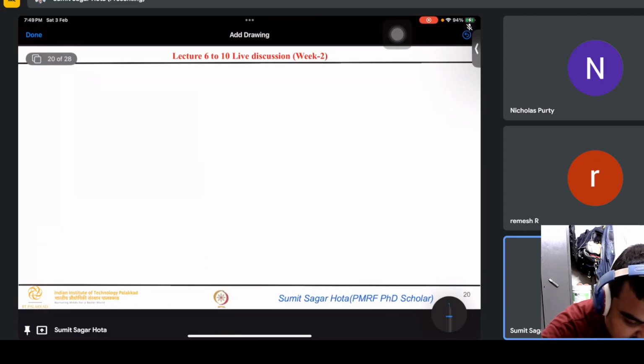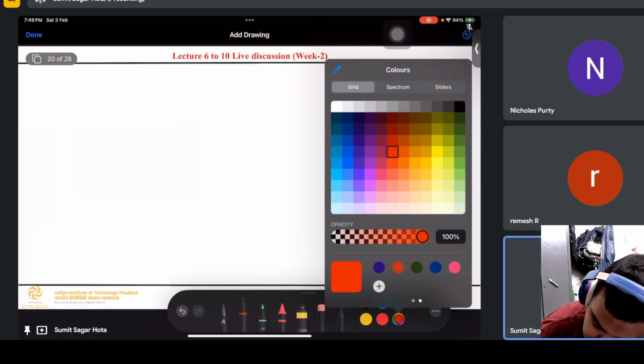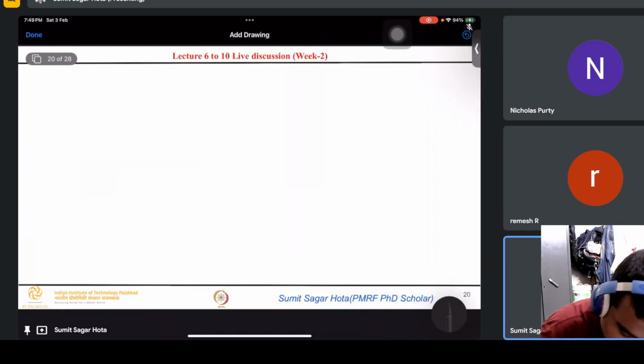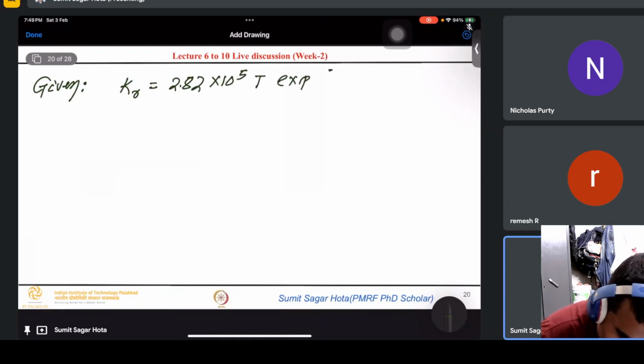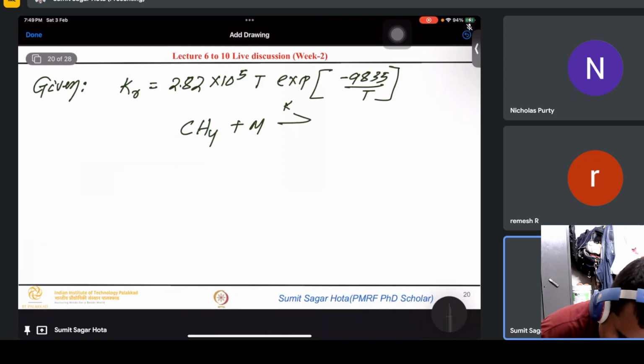But some of the parts, one temperature is also given. Kf for the forward reaction, Kr for the reverse.